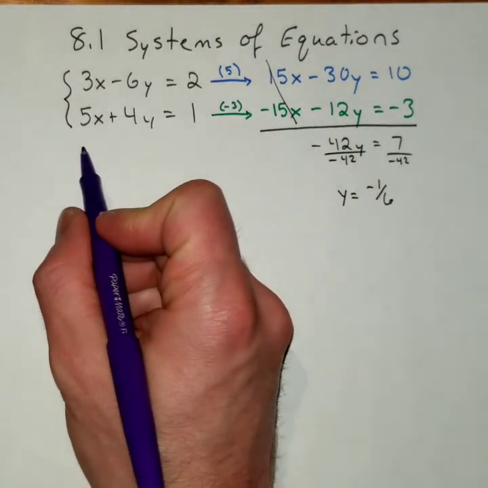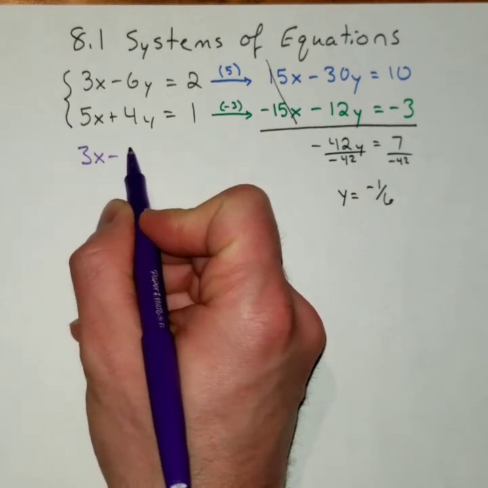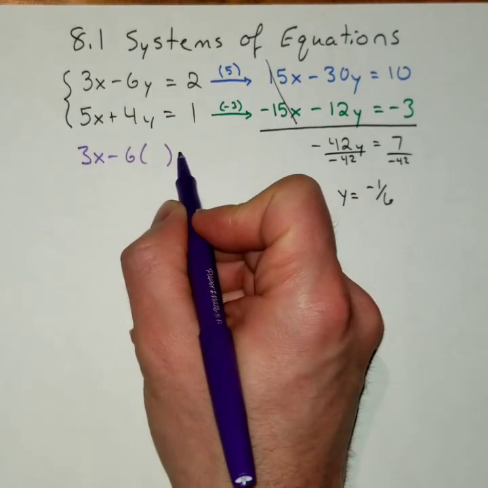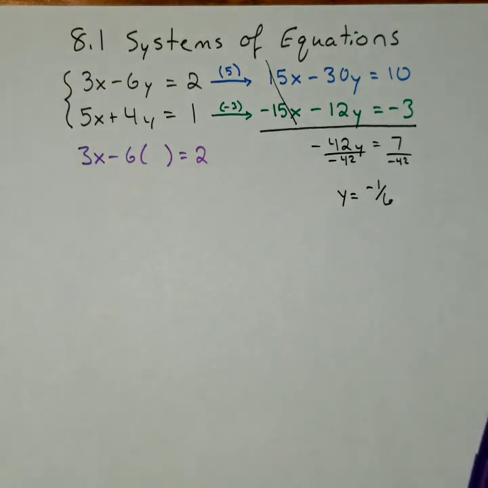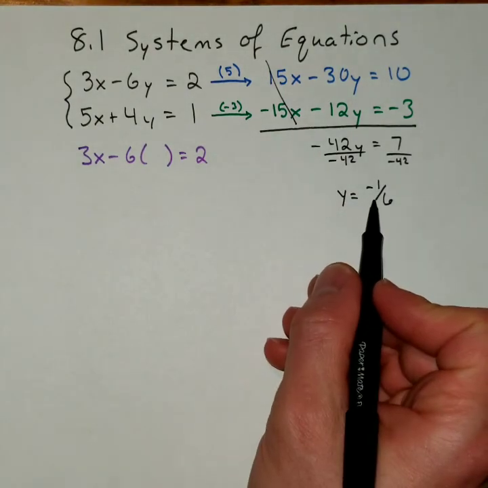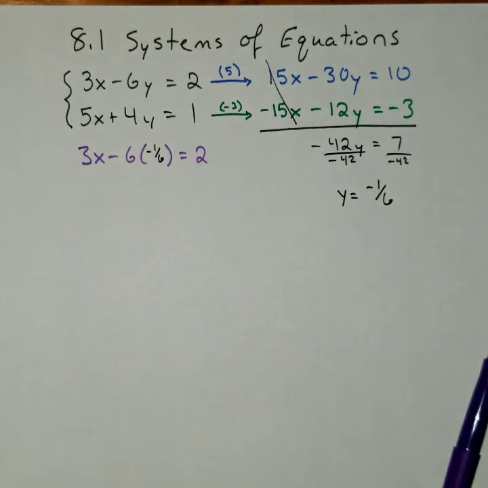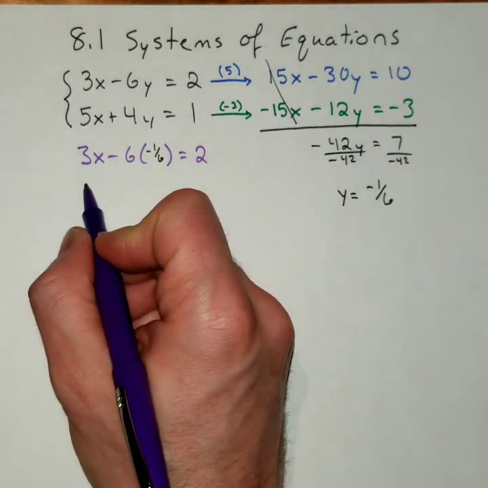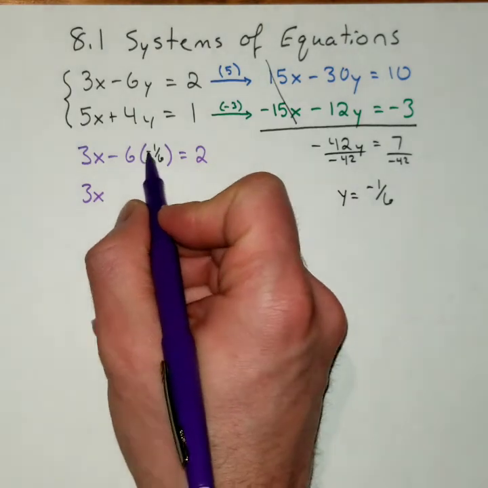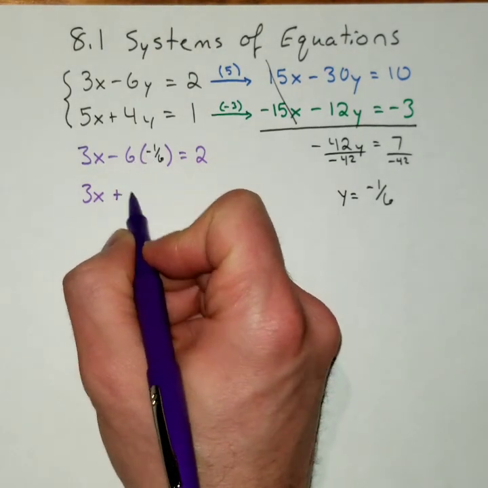So I'm going to take 3x minus 6 times my answer equals 2. Let's do a negative 1/6 in there and simplify. So we get 3x, double negative makes a plus, 6 over 6 makes a 1.